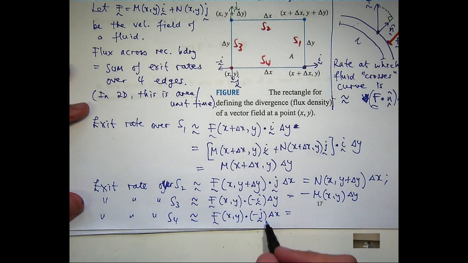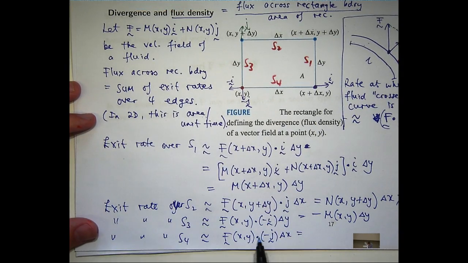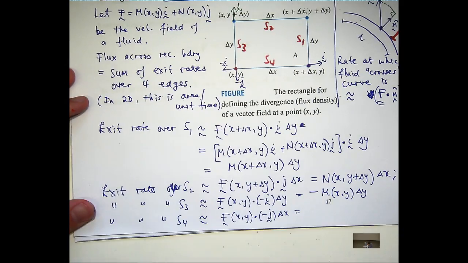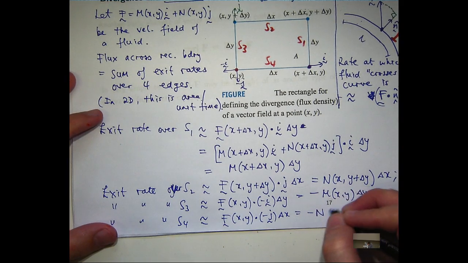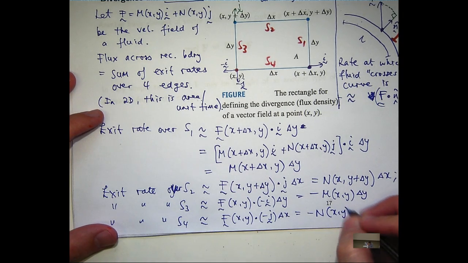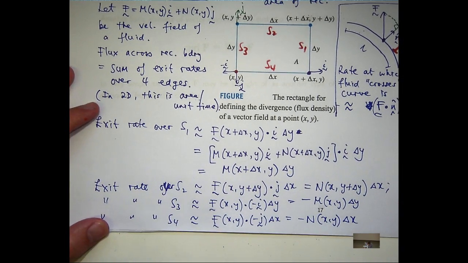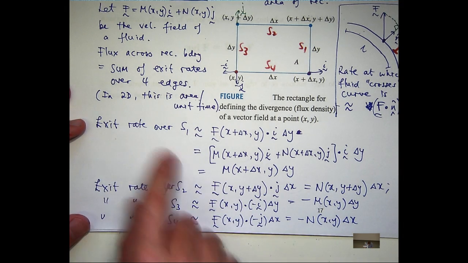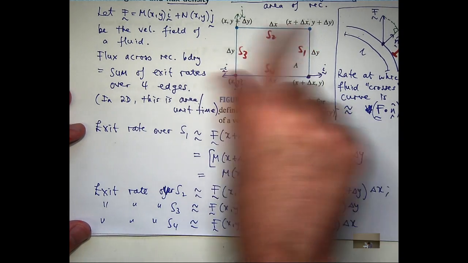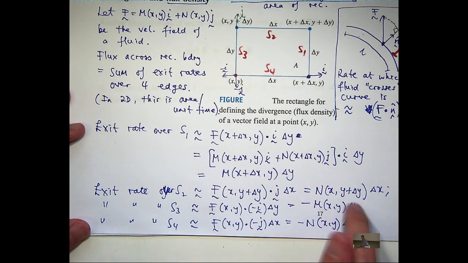And if I expand that, the dot product in terms of the component function, then I'll get the following. Okay, so I spent a fair bit of time there explaining how we come up with these approximations for the exit rates or the flow rates over each side. Let's sum up those flow rates.